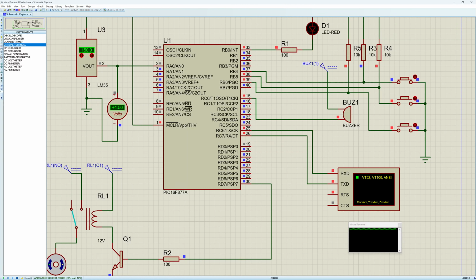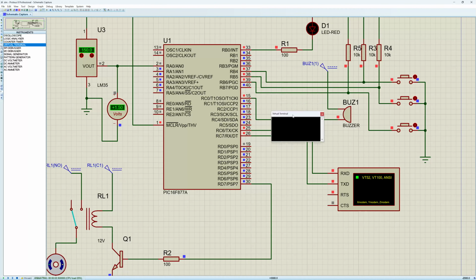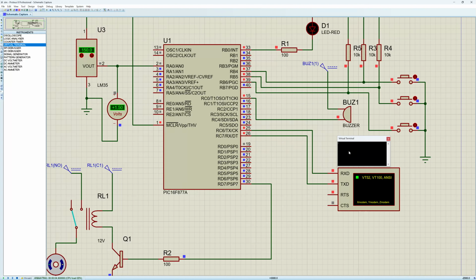Yeah, A is coming. I will clear it, stop it and run. I am going to remove this button, that is our auto manual switch. In this screen, you can see the virtual terminal. You will see A only after pressing this button. See, A is coming. A means auto mode.